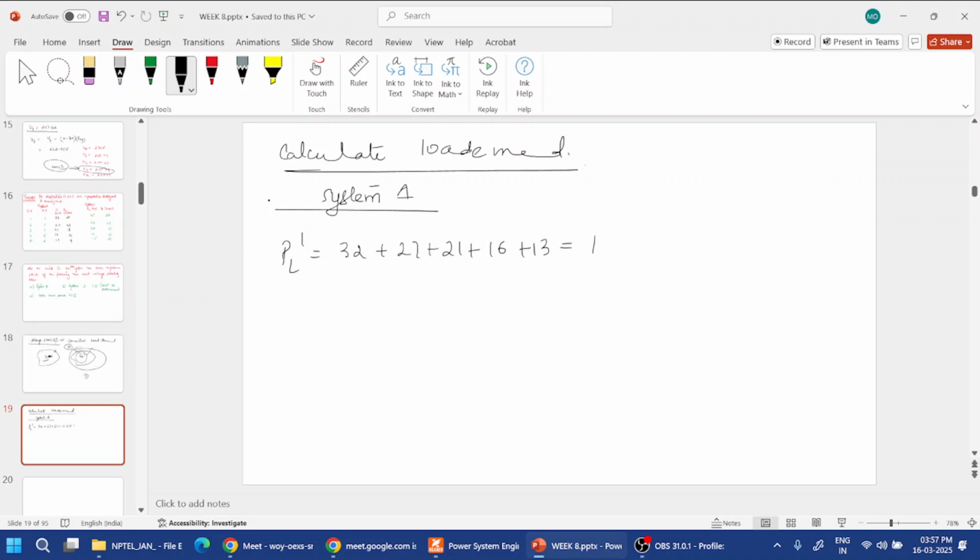So it will come out to be 109 kilowatt. Then QL1. So it is 28, 23, 18, 12 plus 9. So it comes out to be 90 kVAR.